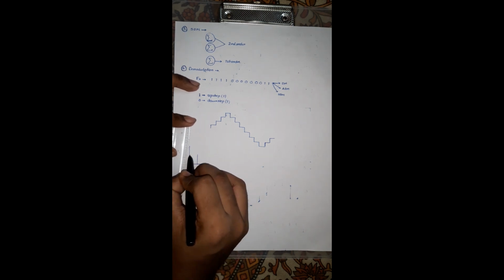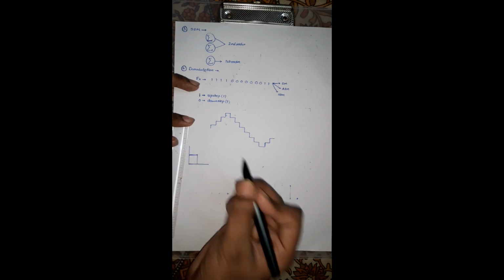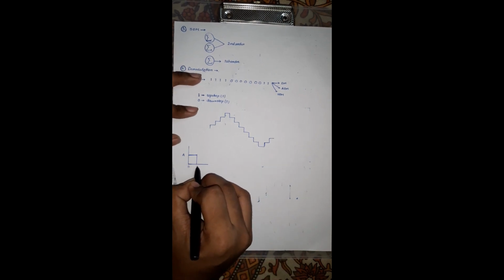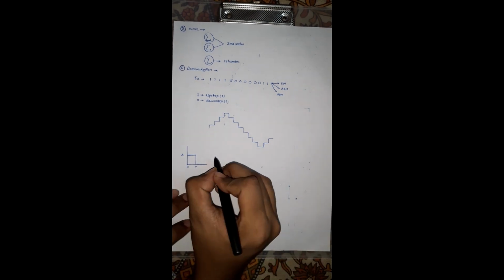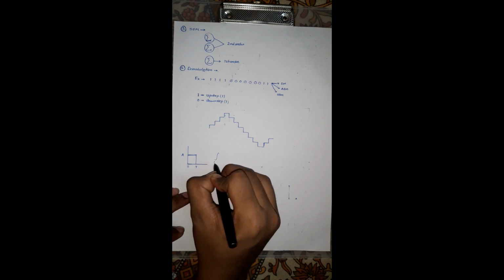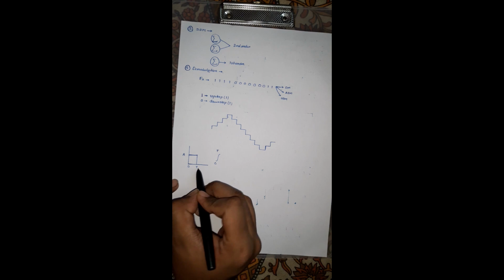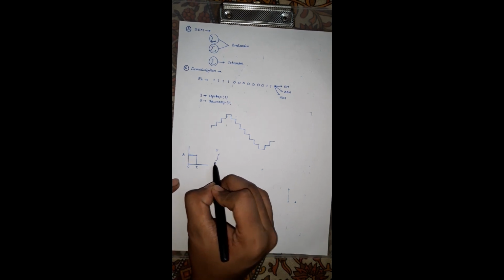Suppose this is a pulse, the amplitude of this pulse is A, and this pulse is present from 0 to T. If we integrate this from 0 to T, as the pulse is present from 0 to T, that's why we are integrating from 0 to T.